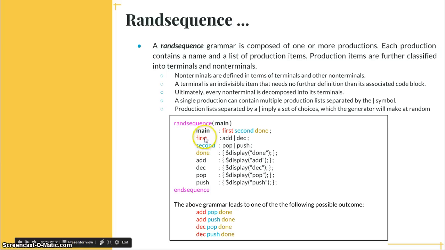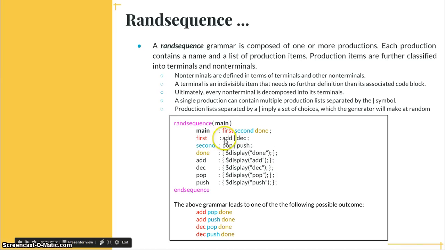Coming back to the example, first is a choice between the productions add and duck. Second is a choice between pop and push, and the production named done is a terminal. You can see there is no choice and no further branching here. It will just display done and terminate, so this is a terminal.